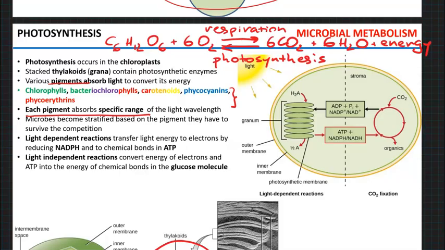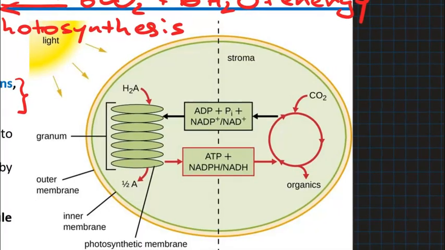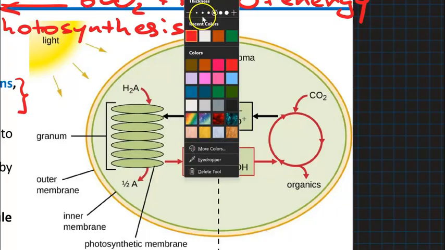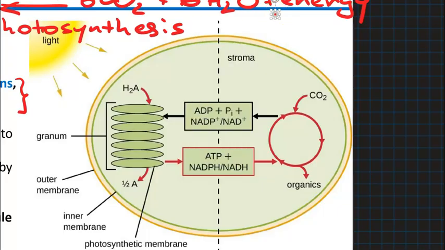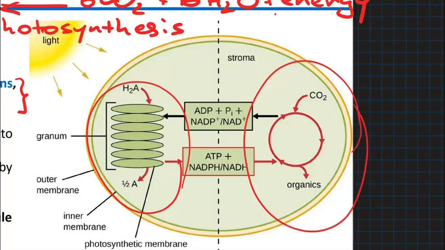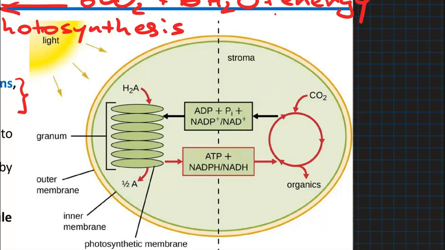The reactions of photosynthesis can be divided into two main conceptual categories, which are light dependent, that obviously require light, and light independent. So what I want you to process, light dependent reactions, hear me out.